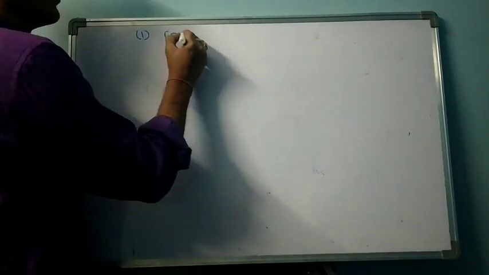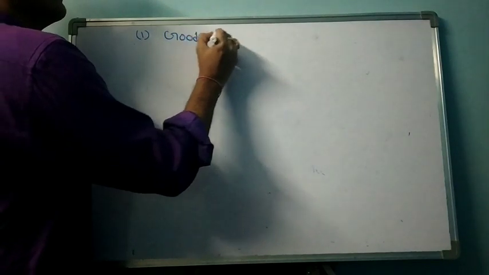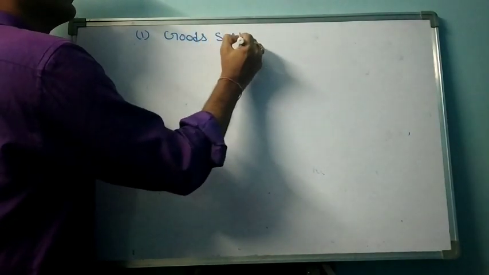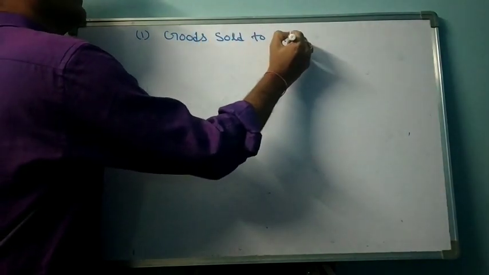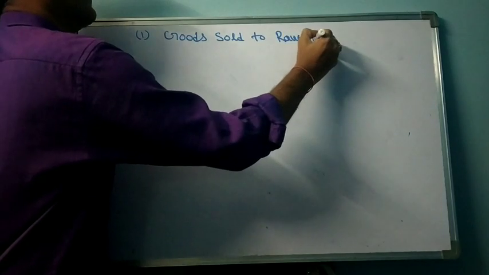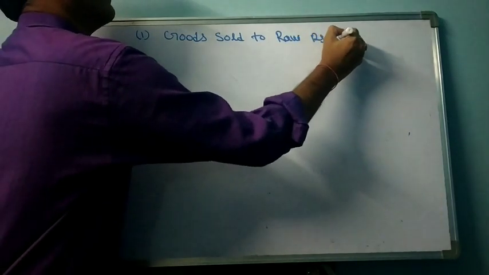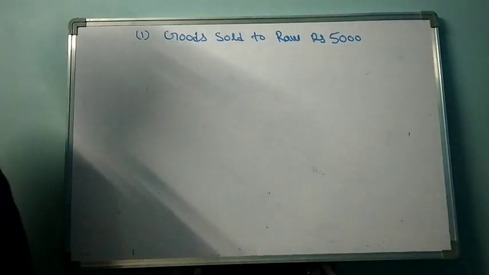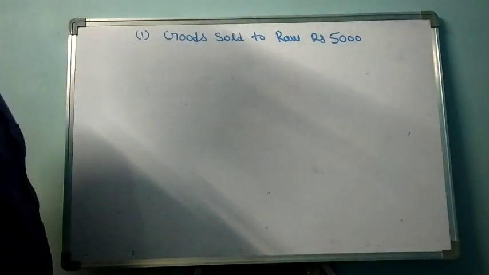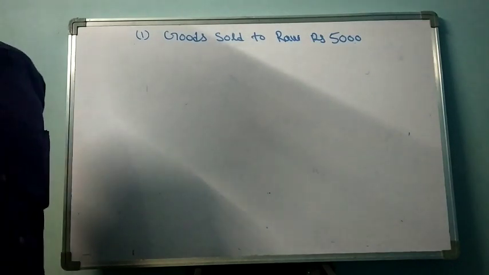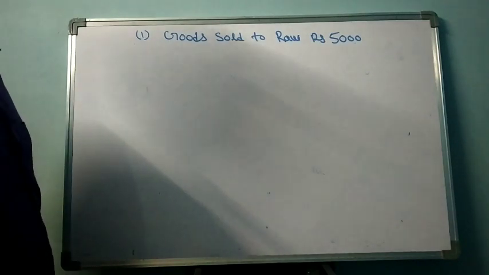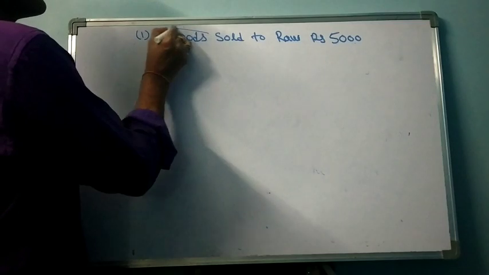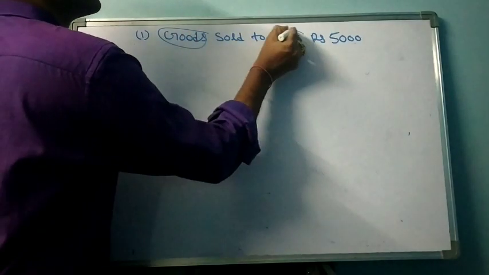First example I am taking here is goods sold to Ravi, rupees 5,000. Before you write the journal entry in journal, first identify the debit and credit part by applying the rules of accounts. In this transaction, first identify the number of accounts.